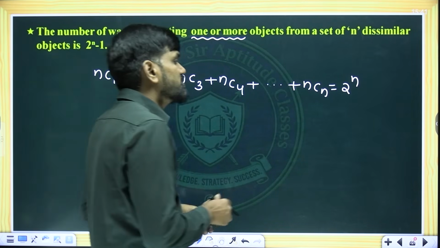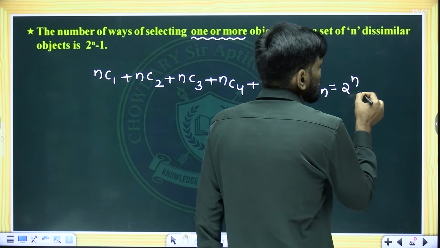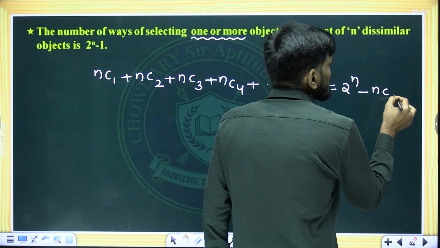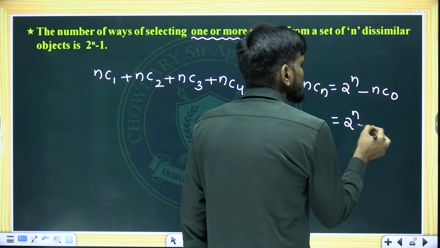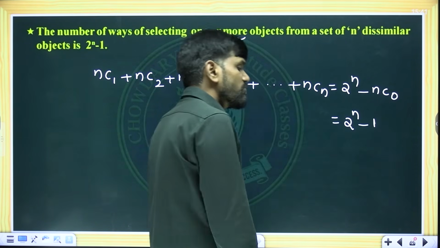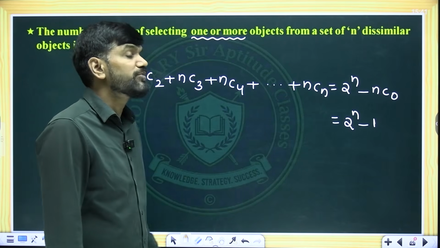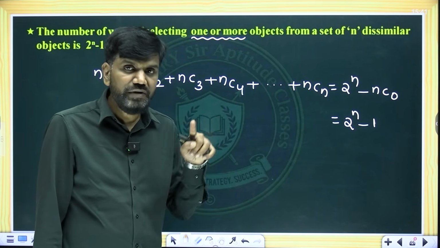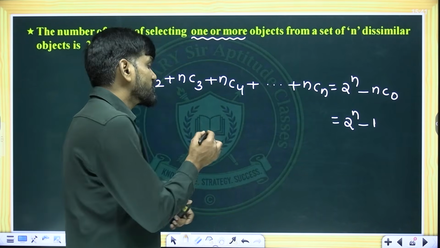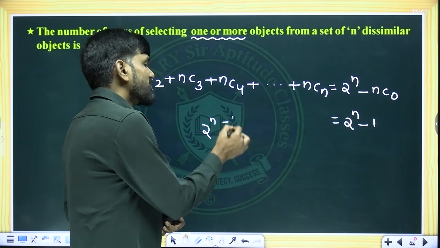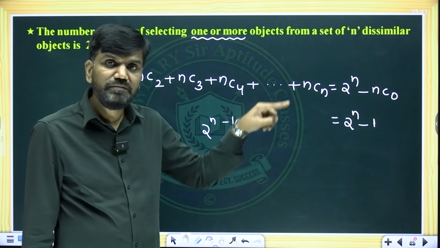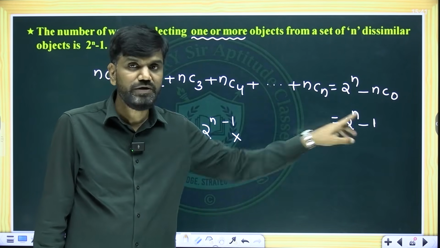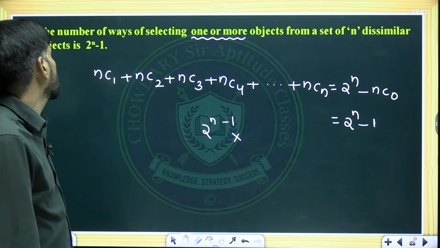As I don't have NC0 there, I can write it as 2 power n minus NC0. NC0 is nothing but 1. Hence your answer has to be 2 power n minus 1. Be careful, some people are writing it as 2 power n minus 1 with the minus 1 in the power. That is wrong. Which is right? 2 power n, minus 1 at the bottom. Keep this in mind.